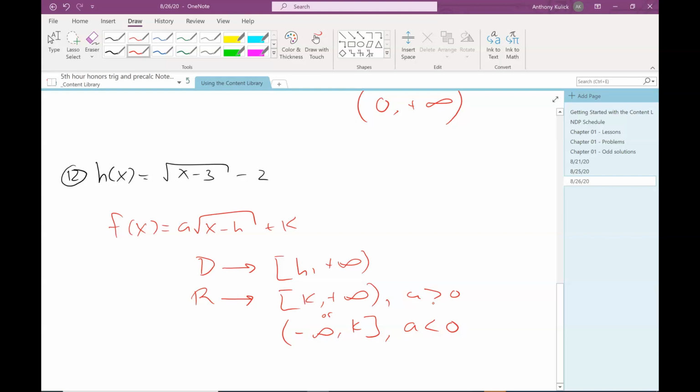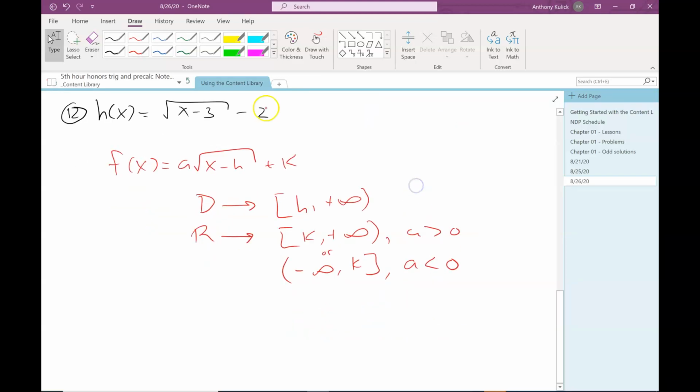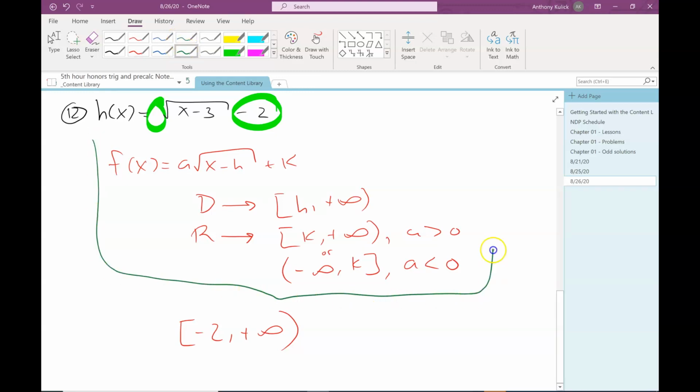If you remembered that, that's enough right there for us to determine our range. If you didn't remember that, I'll cover how to do that in a second, okay? But just looking at this, we can see that the k is -2, and the leading coefficient is positive. So our range would just be -2 to positive infinity. Okay with that, Krista? Hopefully, you may not have remembered this, but once we write it down, hopefully that looks familiar.